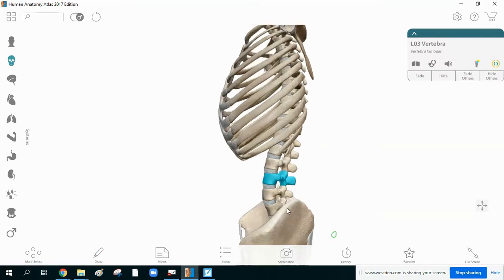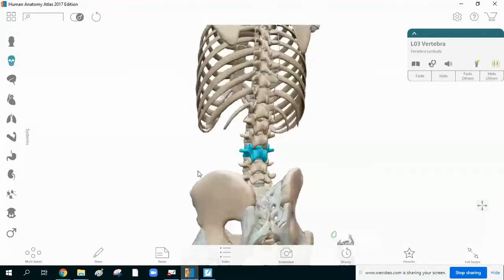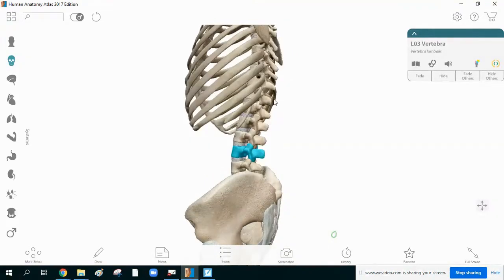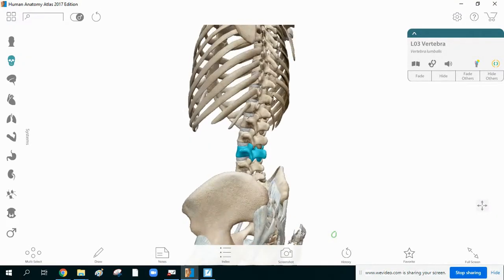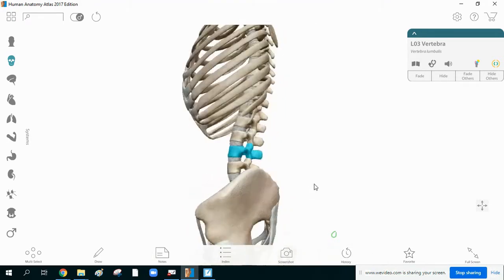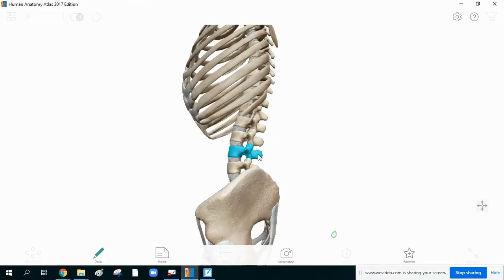What we can also see is that there is a single piece of bone that projects backwards, and you can actually feel these like little nubs in the center of your back. And that projects posteriorly or backwards. So this direction is posterior.